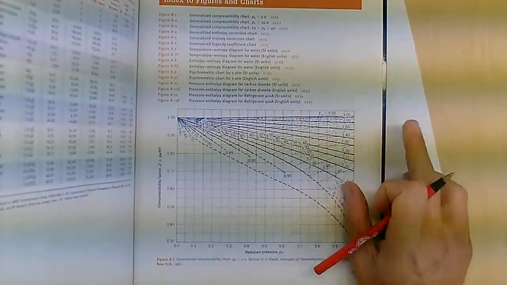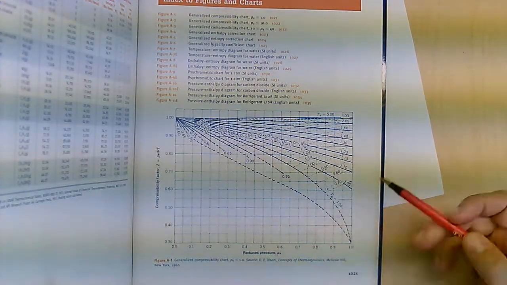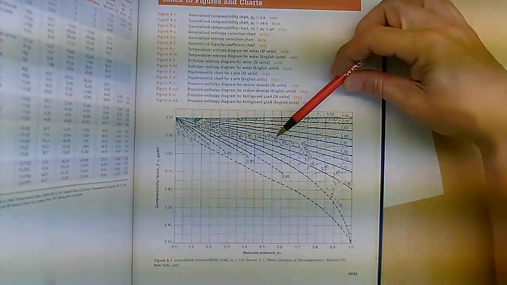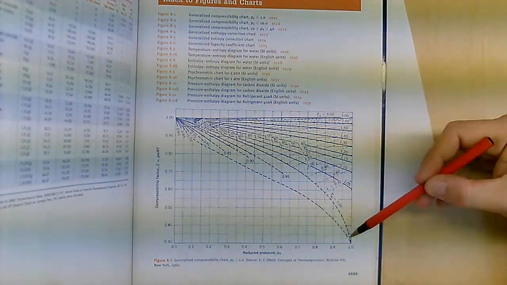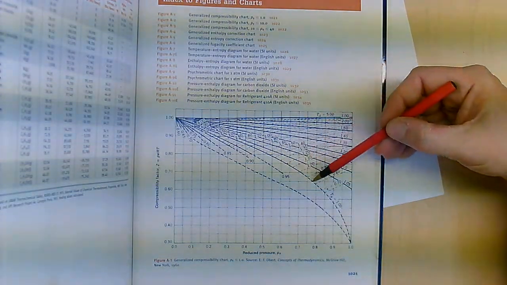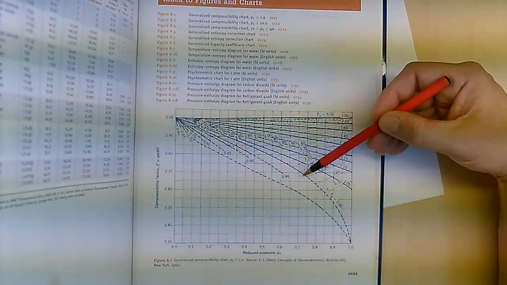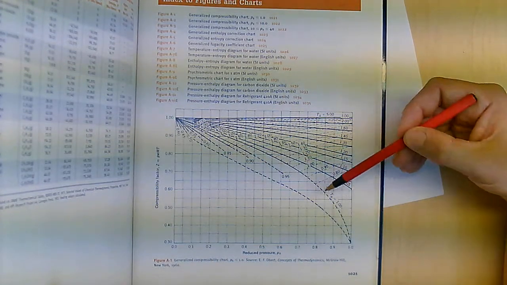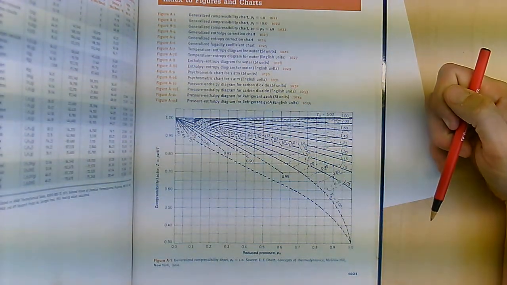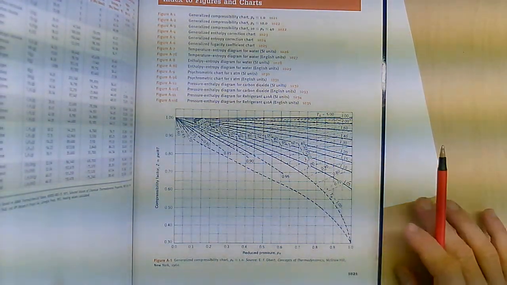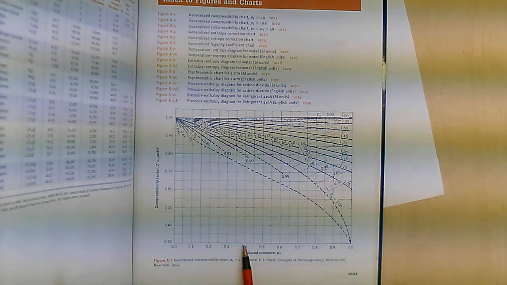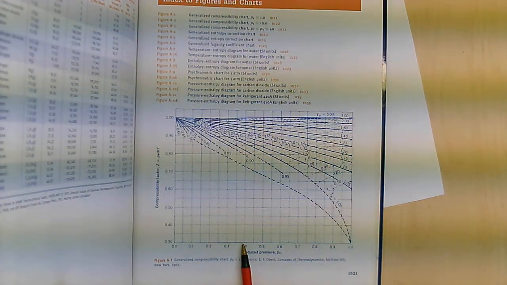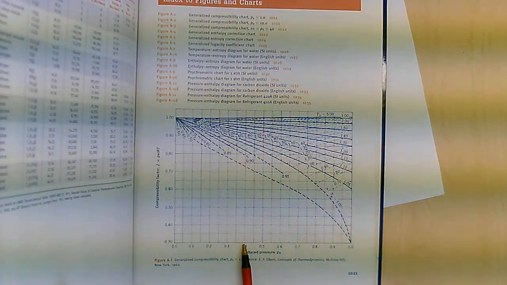So again, I've got reduced temperatures going this way. This line right here is a reduced temperature of 1, which is where I'm located. Again, temperature divided by the critical temperature. And then my reduced pressure is just shy of 0.4. It's 0.39.